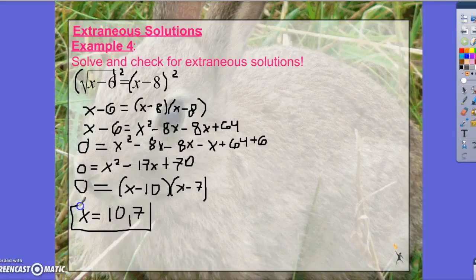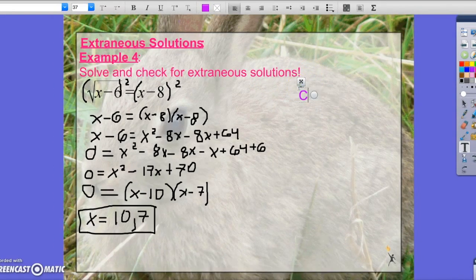Now it says check for extraneous solutions. I actually have to go back to the original and plug them in, because sometimes one will work, sometimes none will work. So I'll try 10 first.